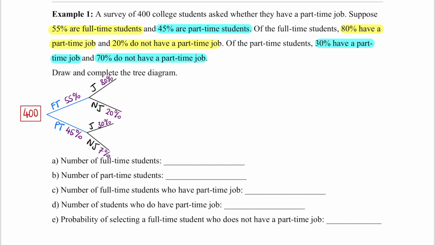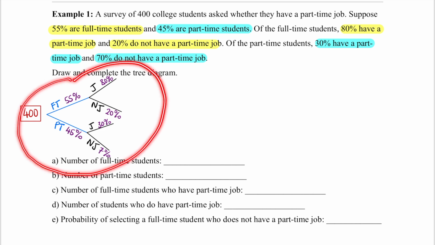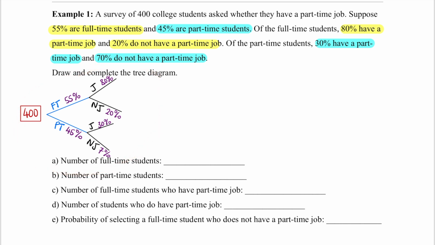At this point, the structure of our tree diagram is complete. We have four possible outcomes: full-time and job, full-time and no job, part-time and job, part-time and no job. Now, let's calculate the count for each branch.